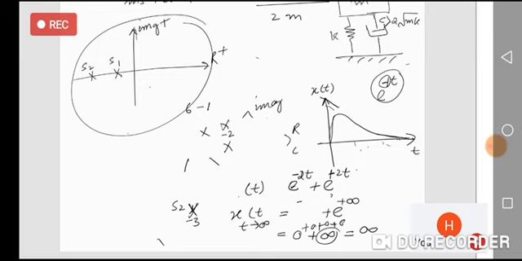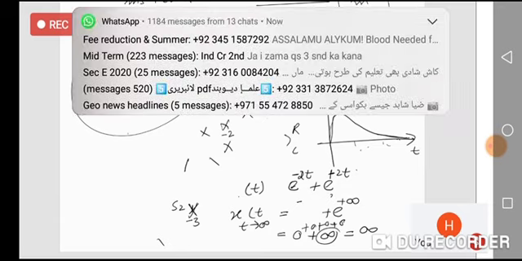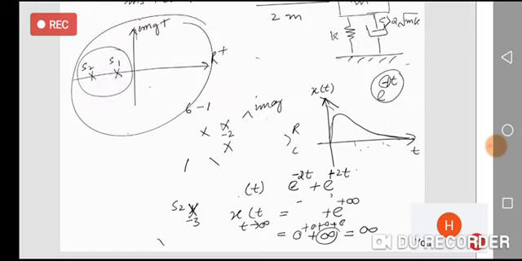Yes, sir. Because there are 2 poles. अगर 2 पोल होंगे तो it would be a second order system. अगर एक पोल है तो it would be a first order system. Yes, sir. Okay. Next, my question is, is this system an underdamped system, undamped system, critically damped system, or overdamped system?